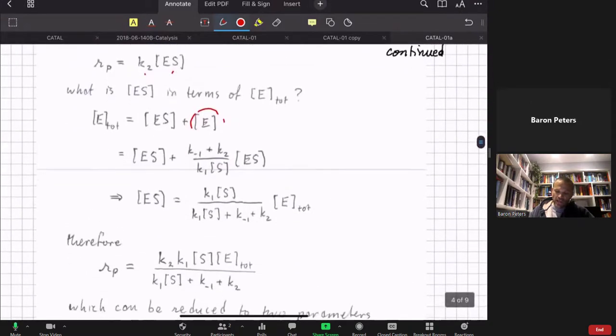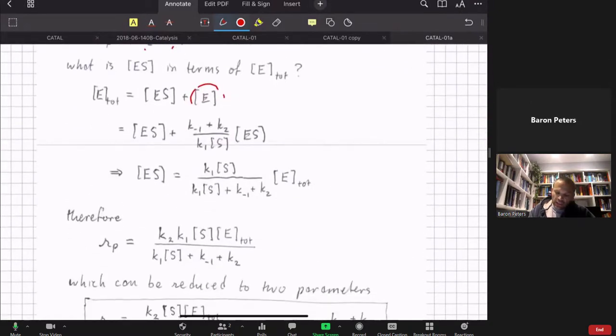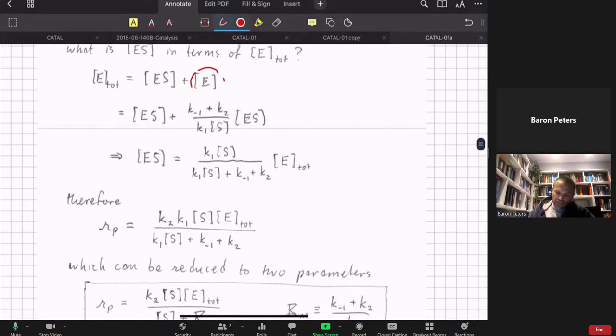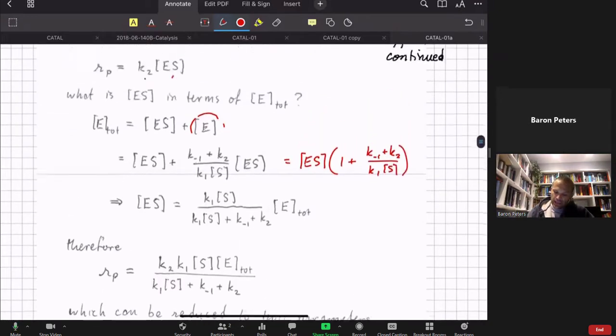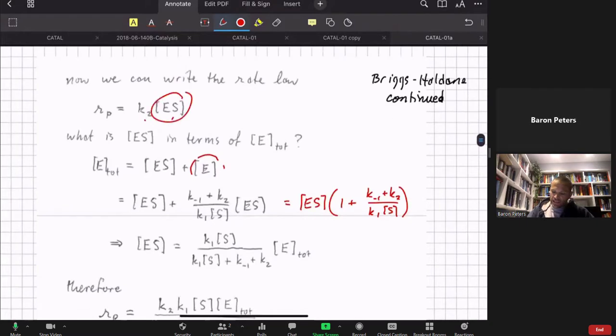Okay, so when we do that, we get that the total amount of enzymes is related to the ES concentration by this factor of 1 plus, sorry, let me go ahead and write this in a way that I like it, like this. And now you see that where I had the enzyme substrate concentration in here, I can now solve for this thing and write everything in terms of E total divided by this quantity in brackets here.